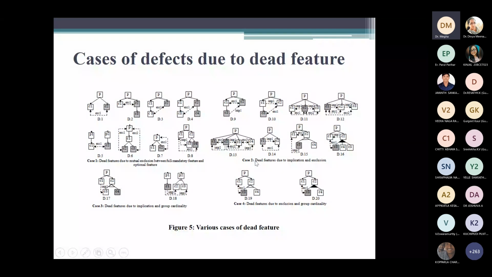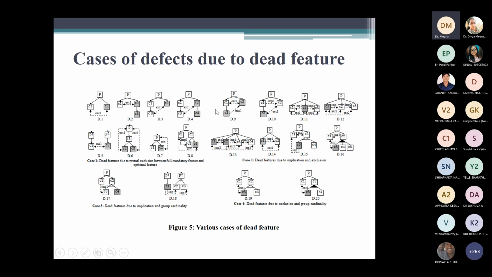And then we have case 2. Case 2 includes dead features due to implication and exclusion. Now please have a look at this D.9 case. We have the parent feature P, then C1, C2 and C3, all of which are child features. Here we have an exclusion between C1 and C2, and an implication from C3 to C2.